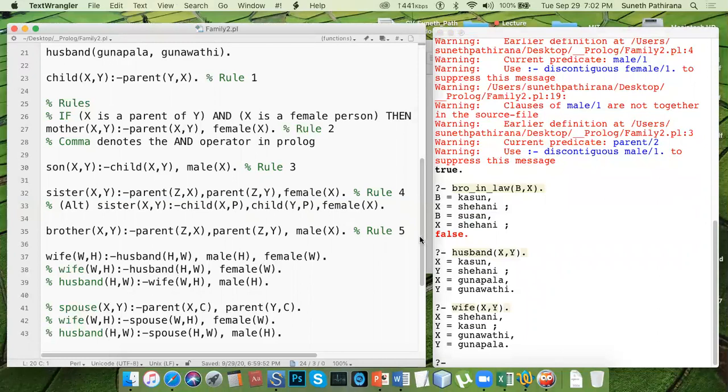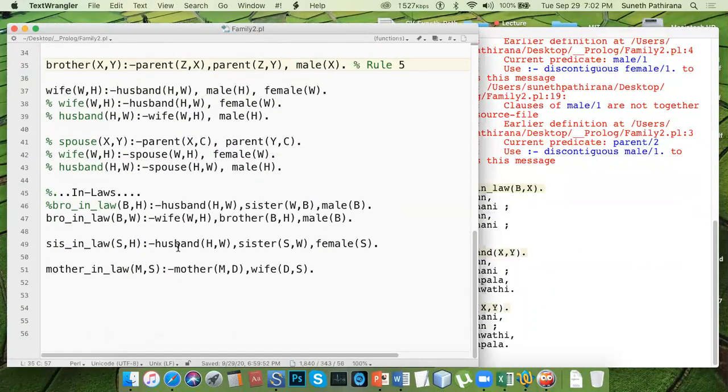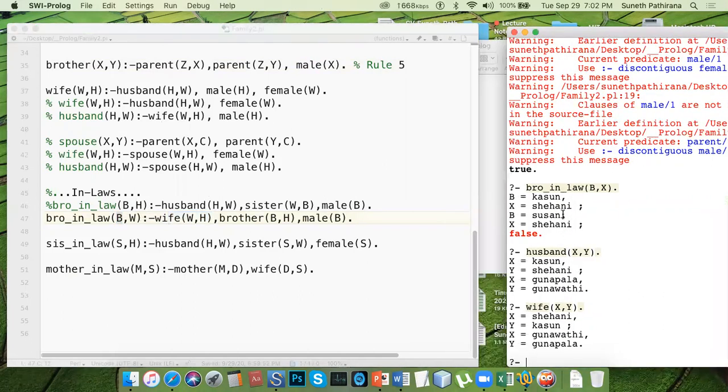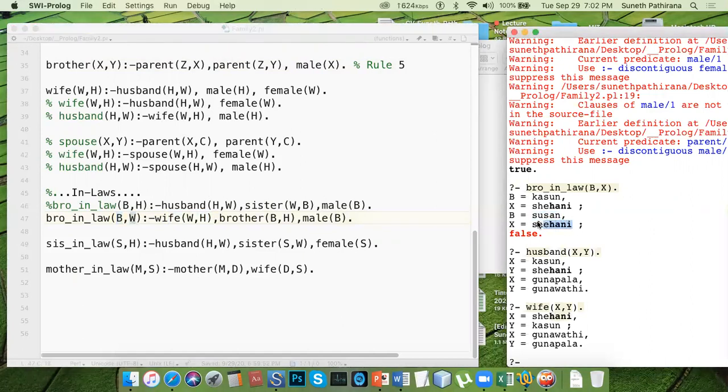So in this scenario, according to this one, this is inherited from, so B is, in this case, Kasun, that's the correct answer. W is Shehani, that is also correct.